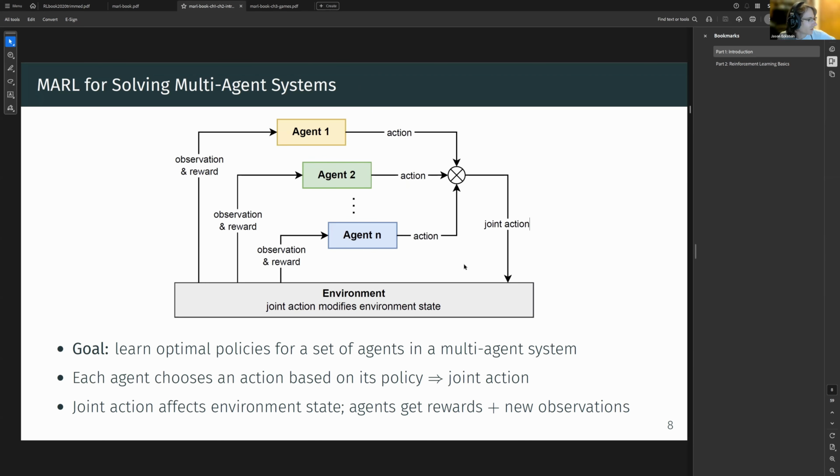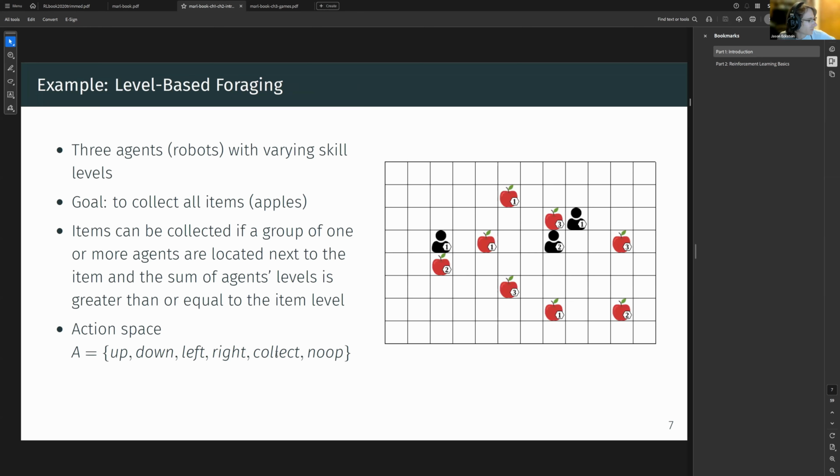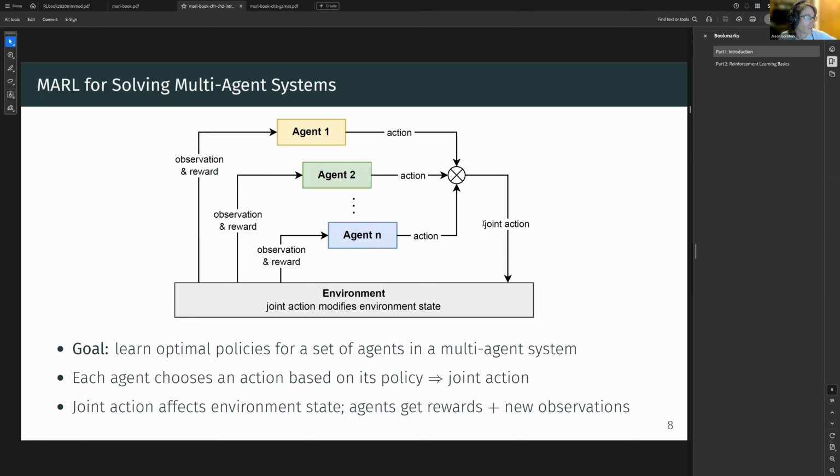Each agent in this problem has 6 actions, so the joint action space is going to be 6 to the n in size. It's possible that the single agent algorithm we try to use just won't be able to cope with an action space that big. It depends on the problem.